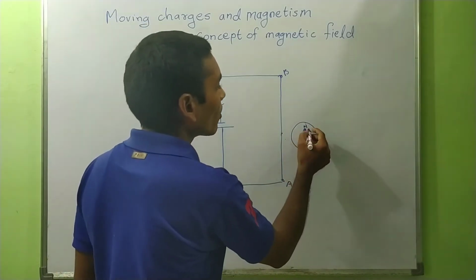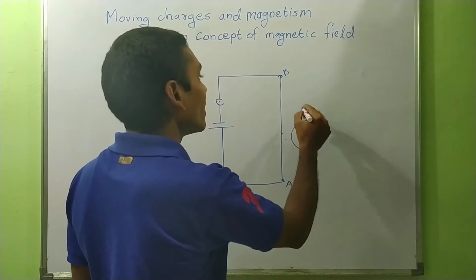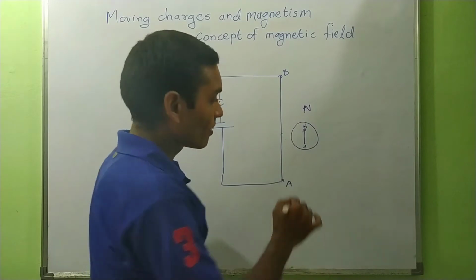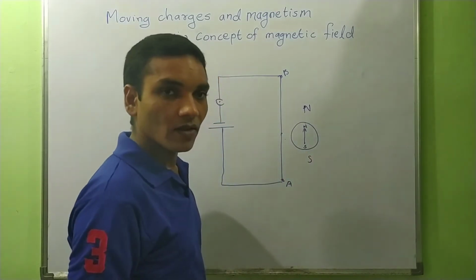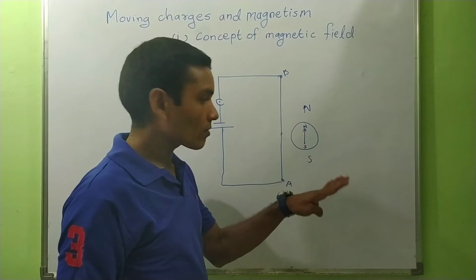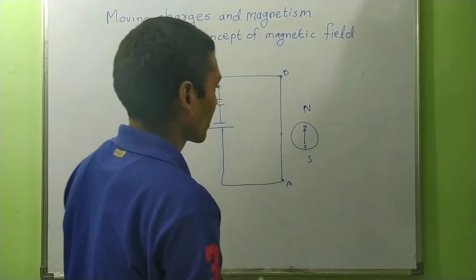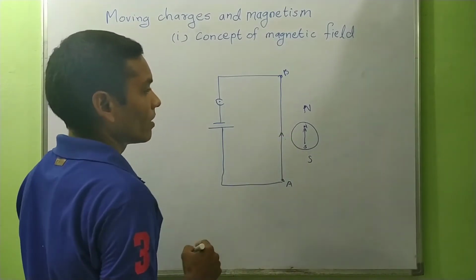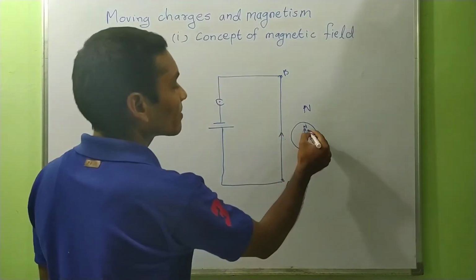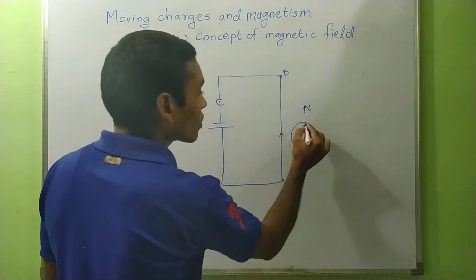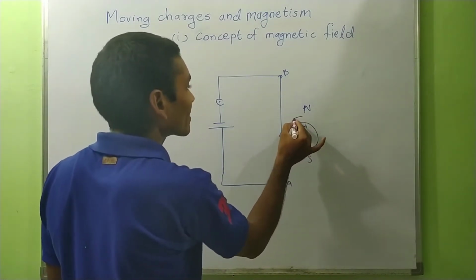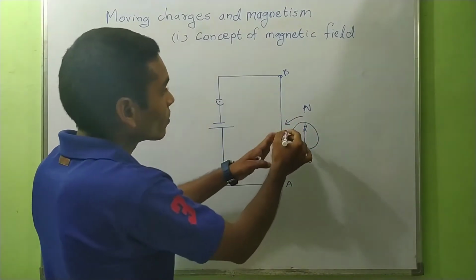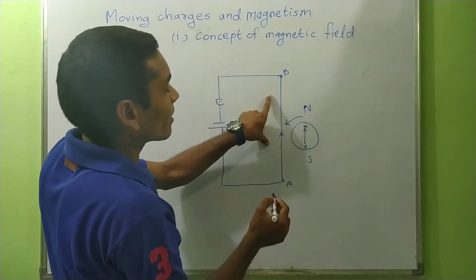Means the north pole of this magnetic needle will align towards the north pole of the earth, and the south pole towards the south pole of the earth. Now current is flowing through the conductor. Then the north pole of this magnetic needle deflects along this direction, towards the conductor.